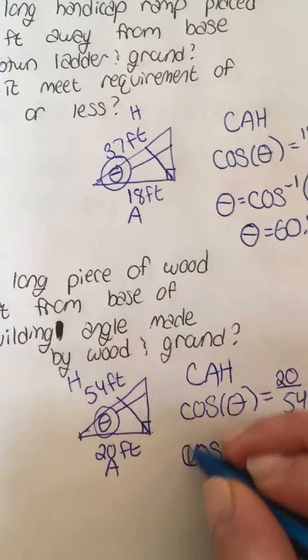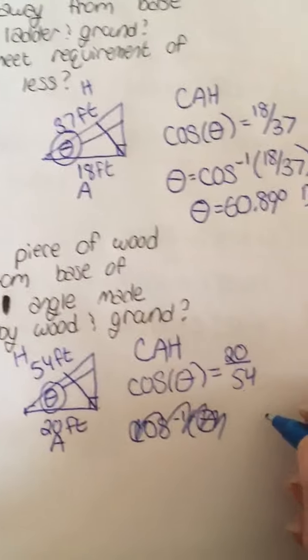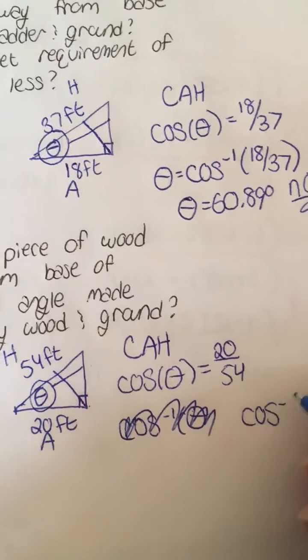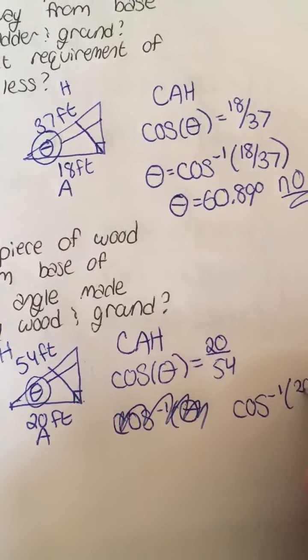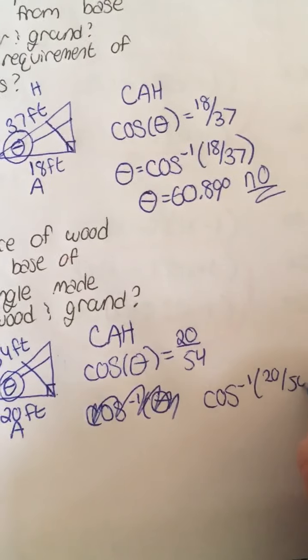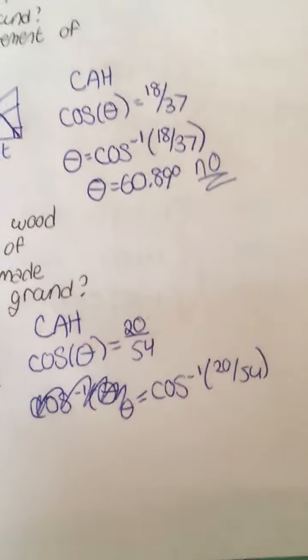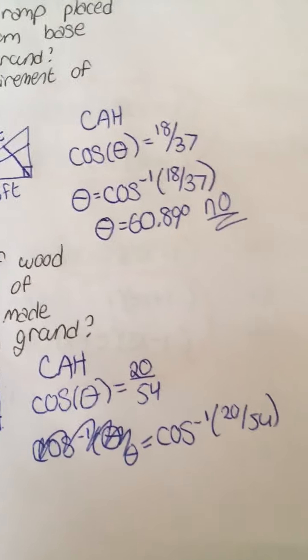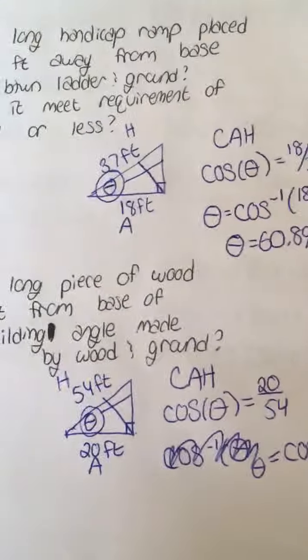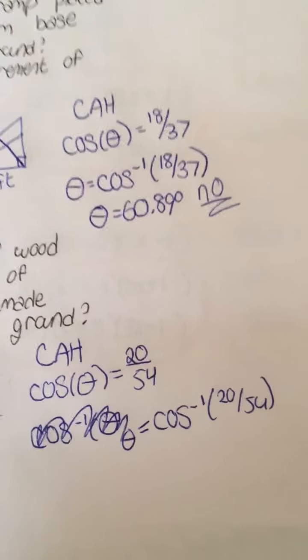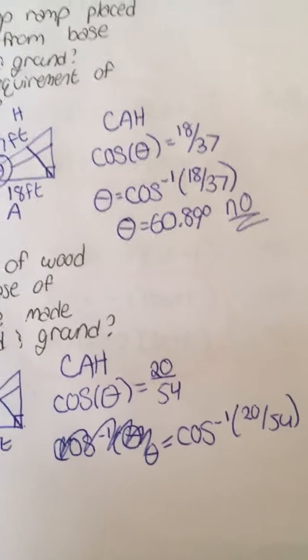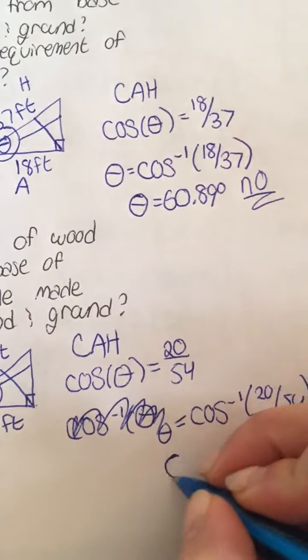Oops, I wrote it the wrong way. Alright, we're finding the inverse function of the ratio, and that will give us theta, the angle. So theta equals this. So cosine inverse of, was it 20 over 54? Yeah. 20 over 54, 68.26 degrees.